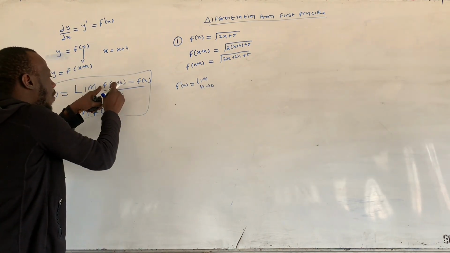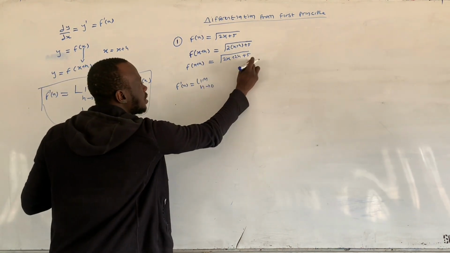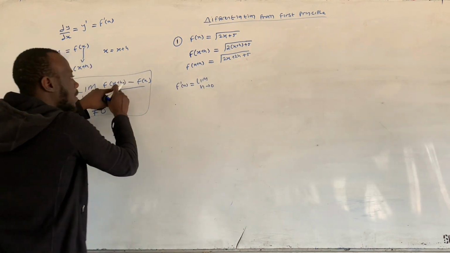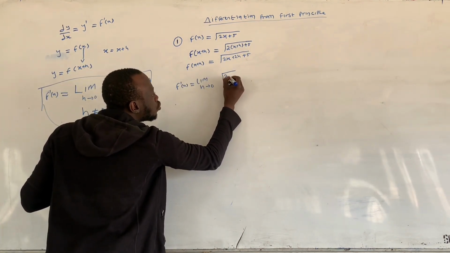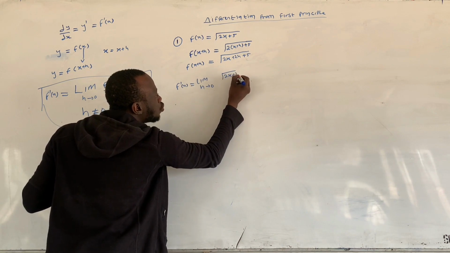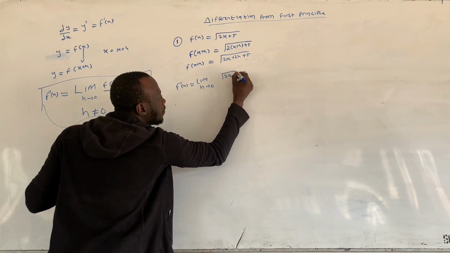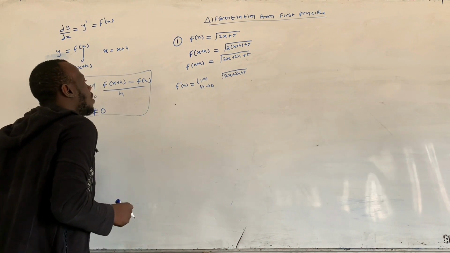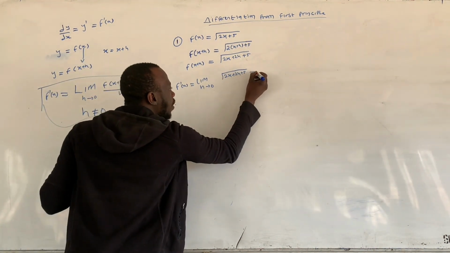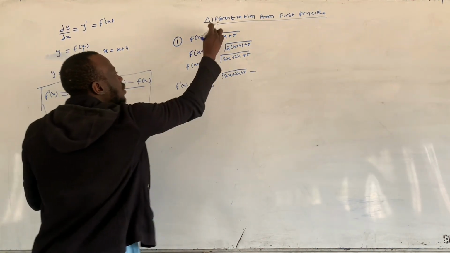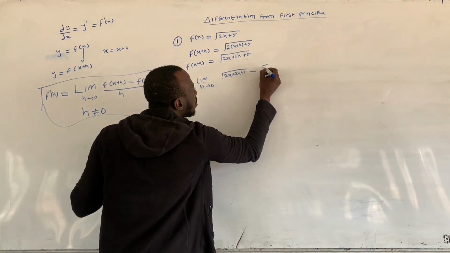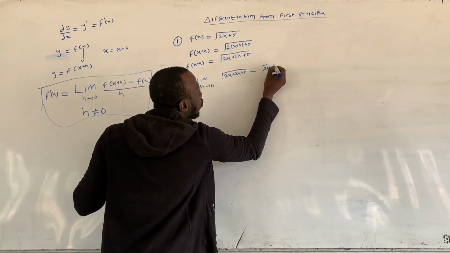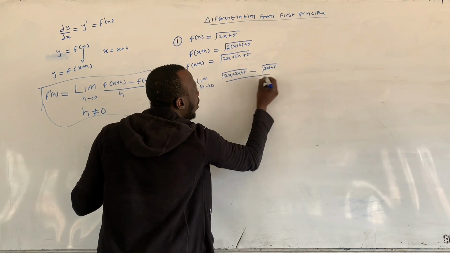Our f of x plus h is this. We said root 2x plus 2h plus 5, minus our f of x, which is our original equation before. We said root 2x plus 5, all over h.